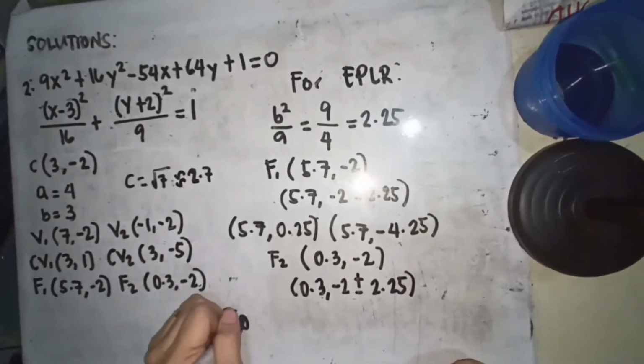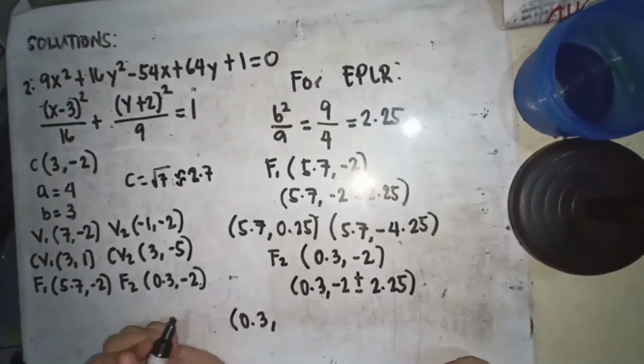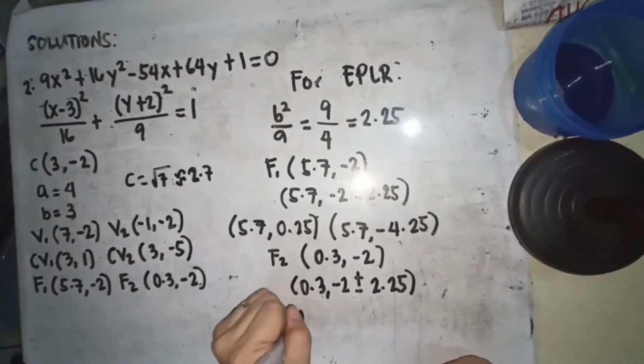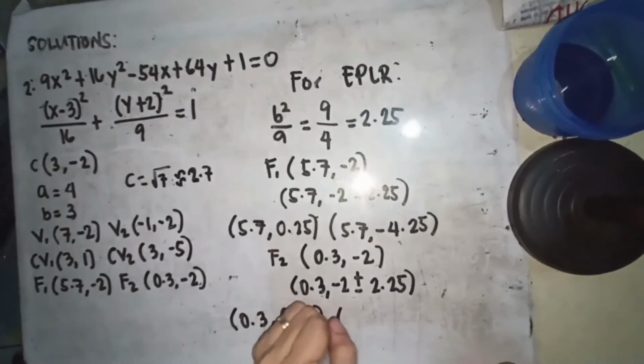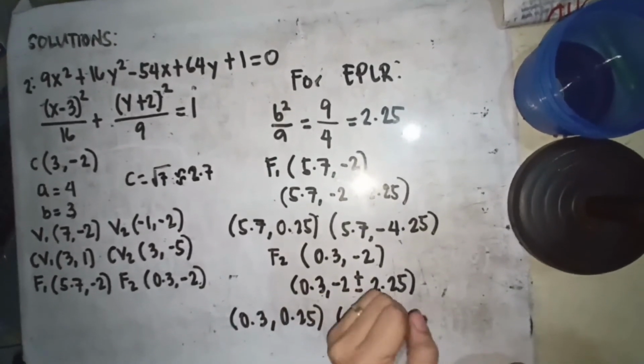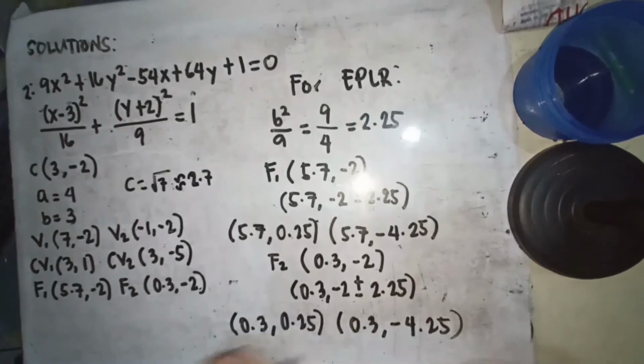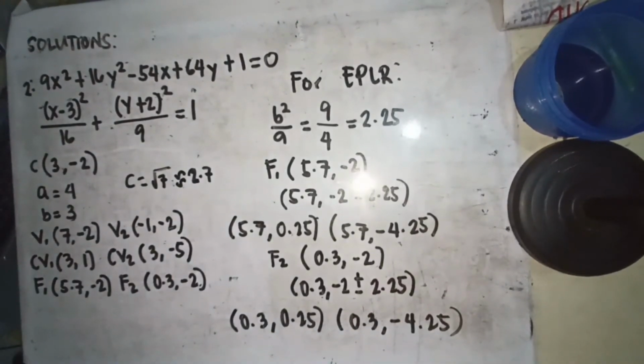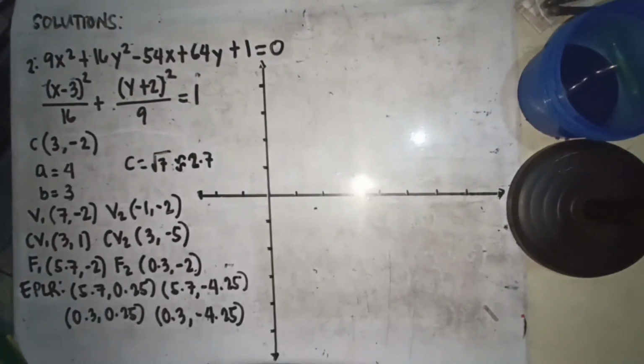So we have 0.3 and 0.25, and we also have 0.3 and negative 4.25. Okay, so these are our endpoints of latus rectum, or lateral recta, since there are two. Since our points are now complete, we can start to plot so that we can now sketch the graph of our ellipse.